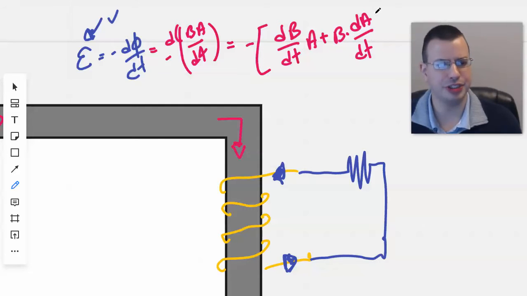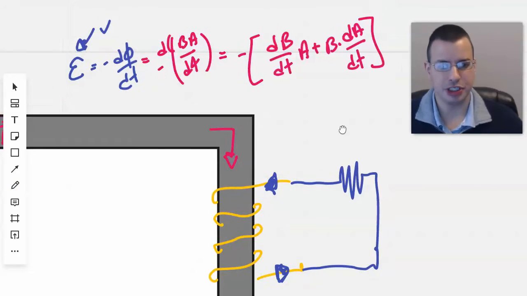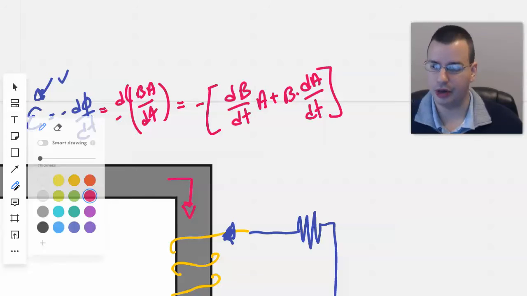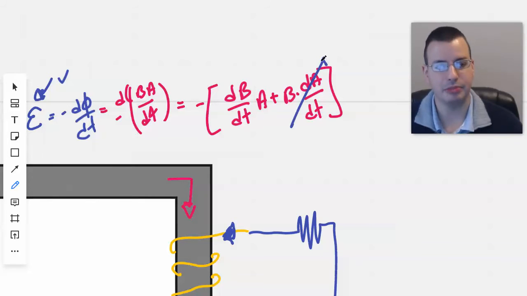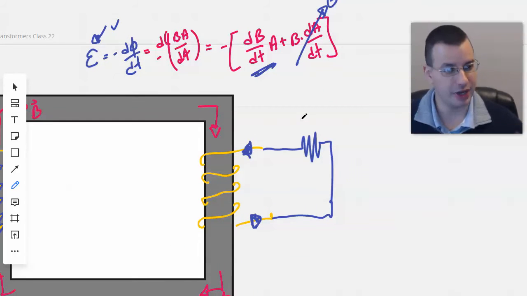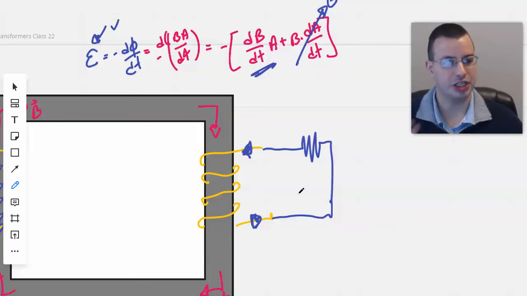Well, the coils are pretty stationary. They're pretty much just on this iron core, and they're not going anywhere. So this part right here goes to 0, and you're left with the change in magnetic field with respect to time. We have an AC current, so we have a changing current going through this coil, and that changing current will create a changing magnetic field.